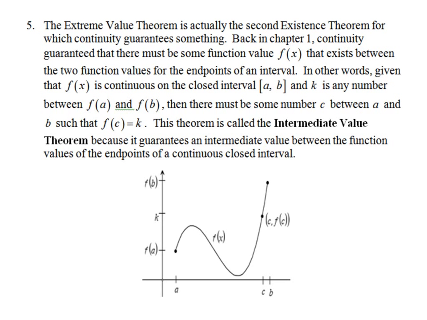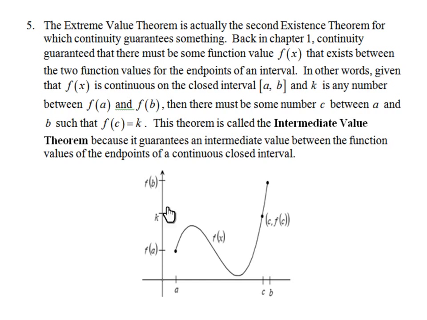So the extreme value theorem is, of course, now our second existence theorem, and in both cases continuity guarantees something, right? So let's just review here. What did continuity guarantee back in chapter 1? Well, it guaranteed that as long as you have continuity on your closed interval here, then you could pick any output value between the output value of one endpoint and the output value of the other endpoint.